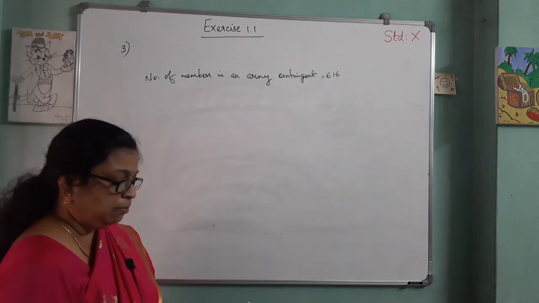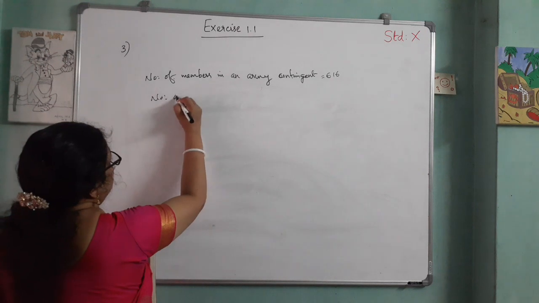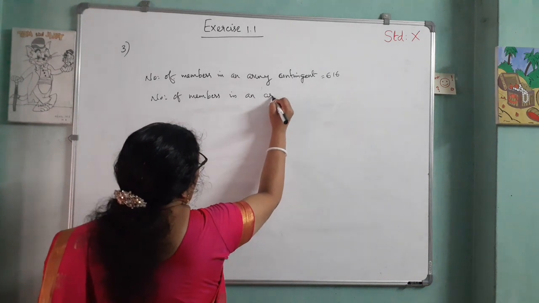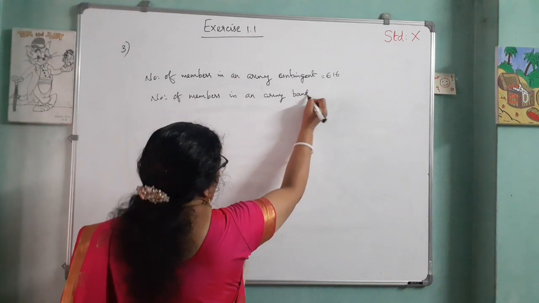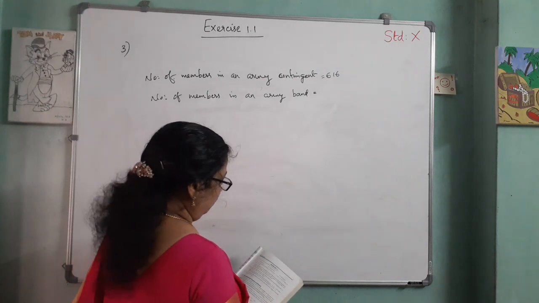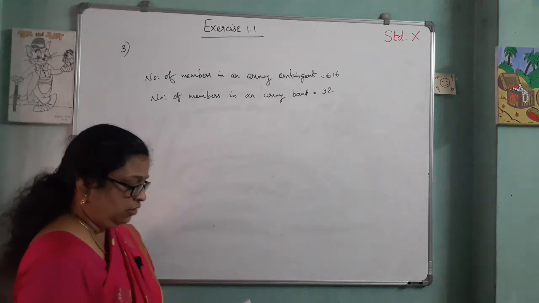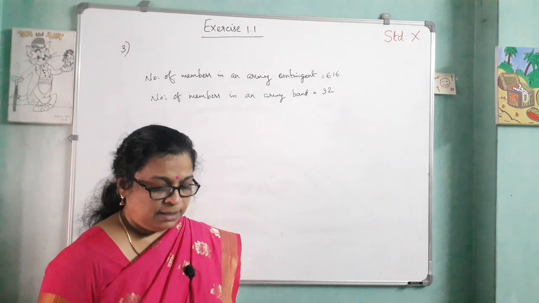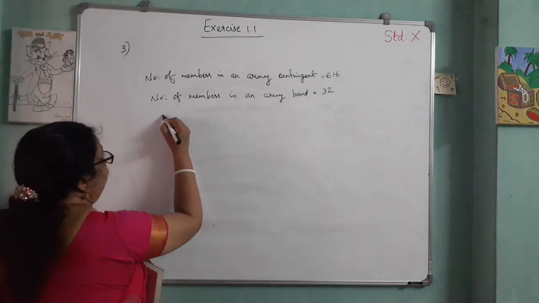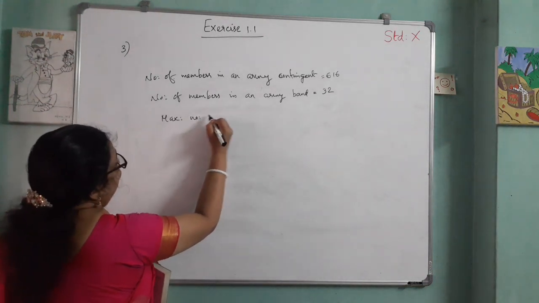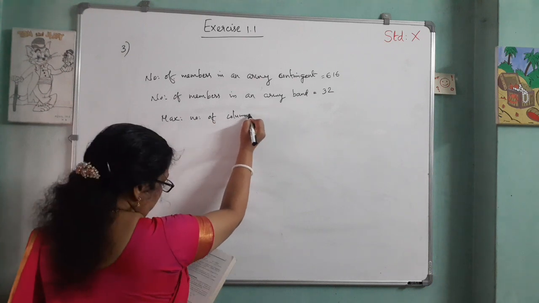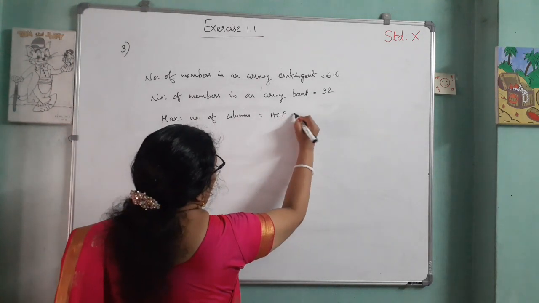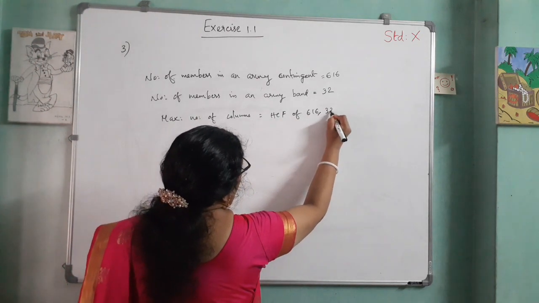And then an army band, that is the number of members in an army band, that equals 32. The two groups are to march in the same number of columns. So we want to find the maximum number of columns in which they can march. So that is the HCF of 616 and 32.